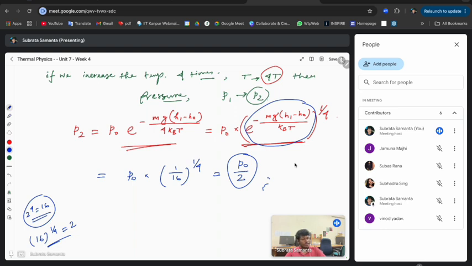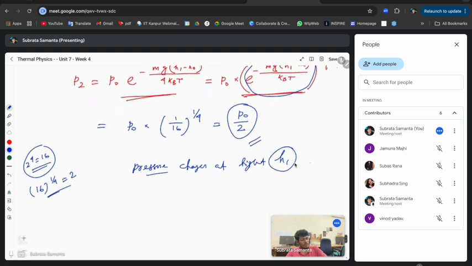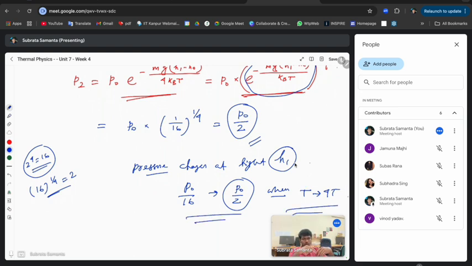Therefore the pressure at the height h1 changes from P naught over 16 to P naught over 2 when the temperature changes from T to 4T. That means the pressure increases.